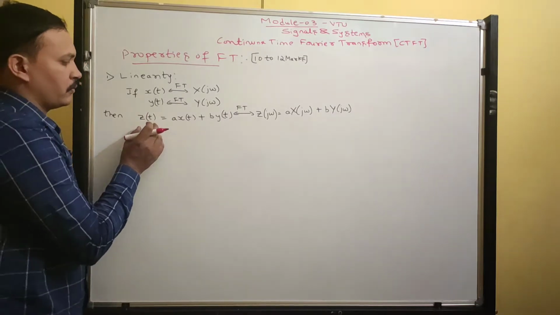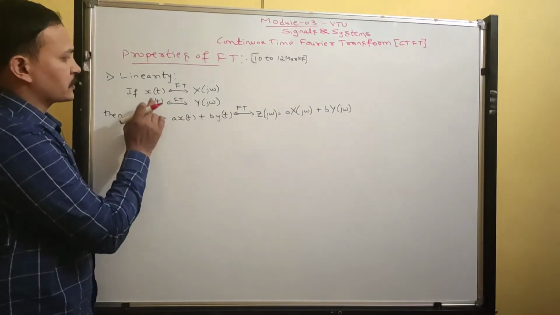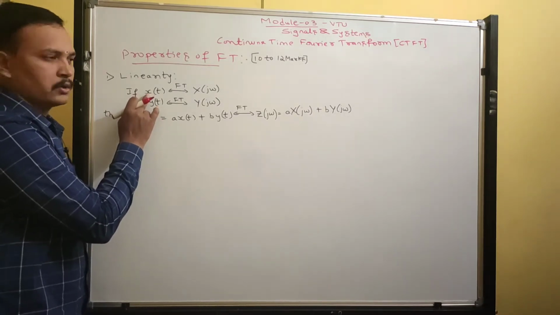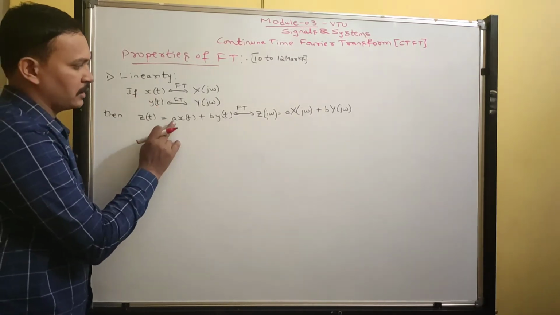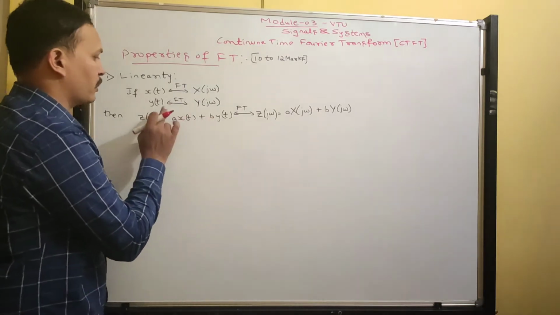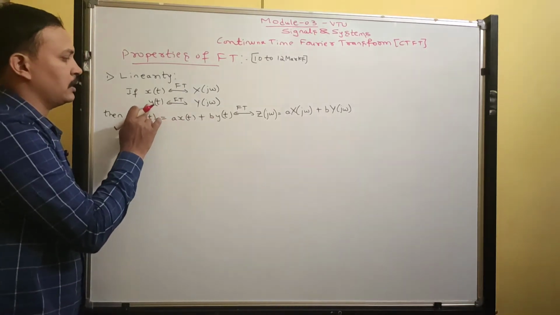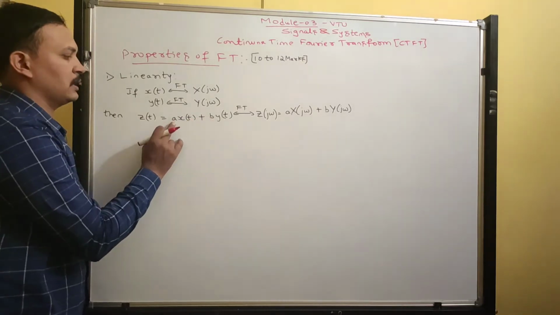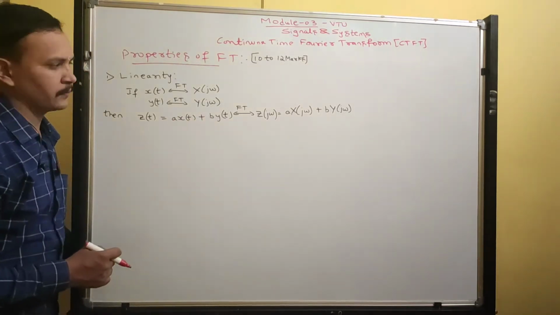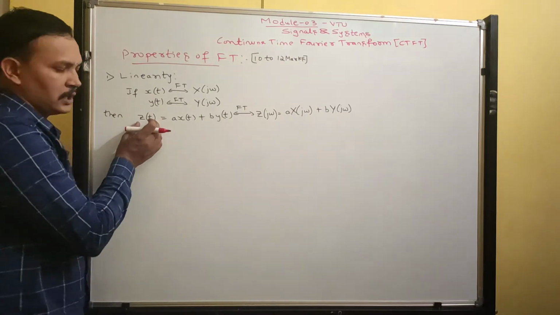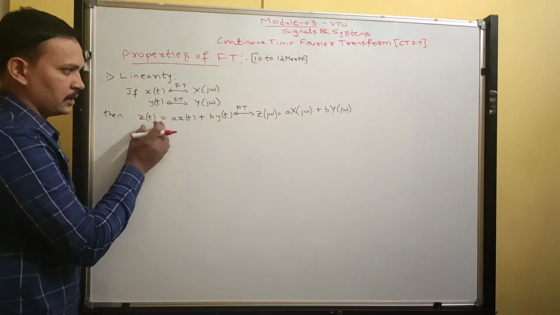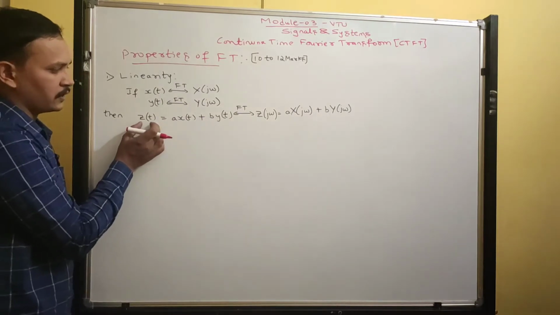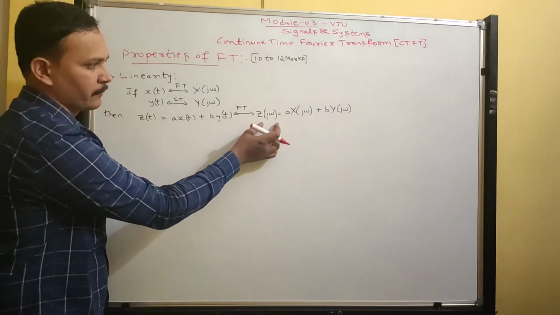What is z of t? It uses scalar coefficients: some constant a is multiplied with the non-periodic signal x of t, and some constant b is multiplied with the other non-periodic signal y of t. Here a and b are constants. If the new non-periodic signal z of t is like this, then its Fourier transform is z of j omega.